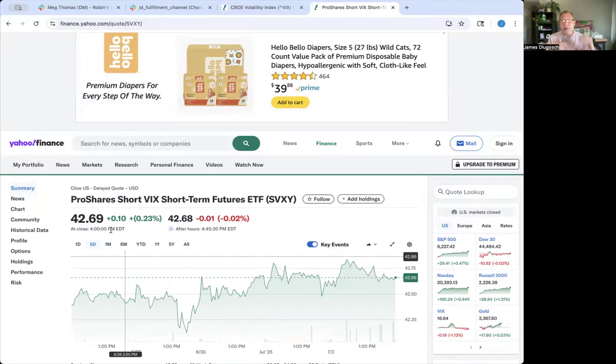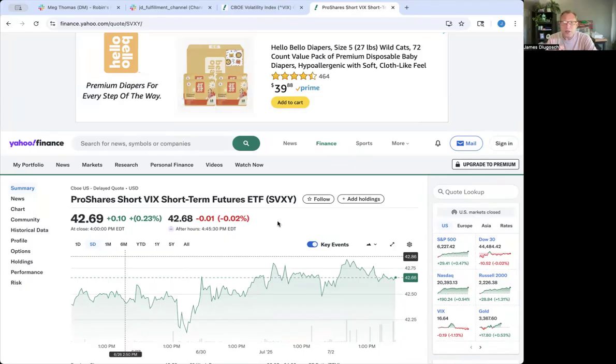So you have volatility going up, but you also have the SVXY not moving opposite, which one would expect when the volatility index is increasing. I find that really, really super, super interesting. I think you should as well.